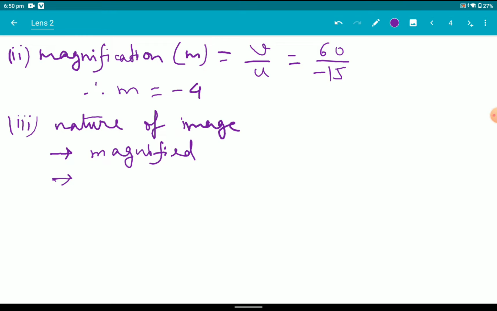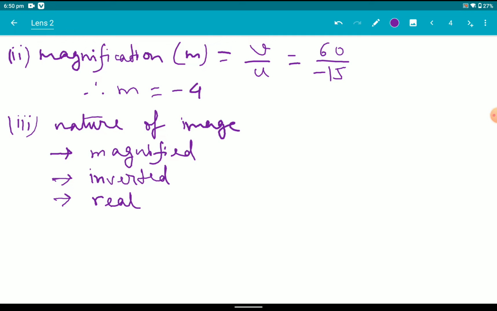Image height is negative for the convex lens where the image is inverted. So the second point is that it is inverted. Okay, and inverted images are always real. So the third point is real. So it is real, inverted, and magnified.